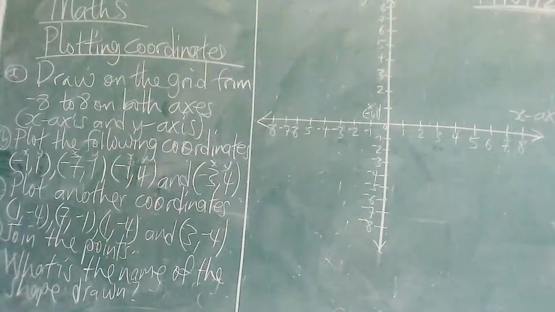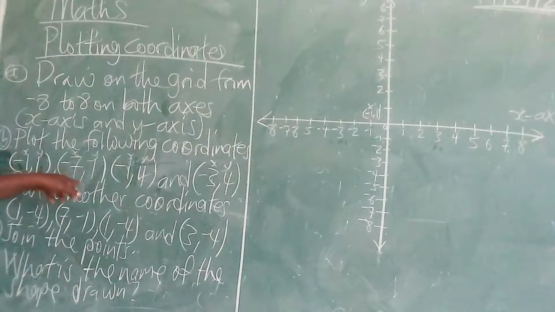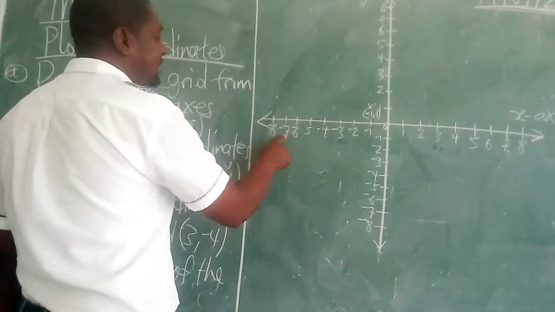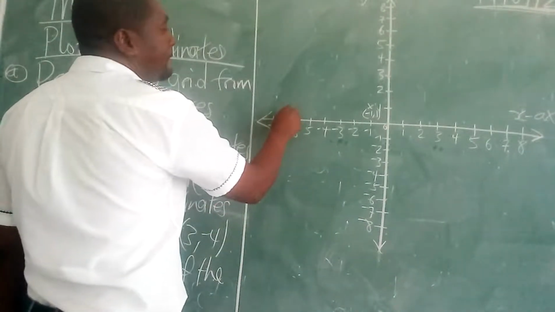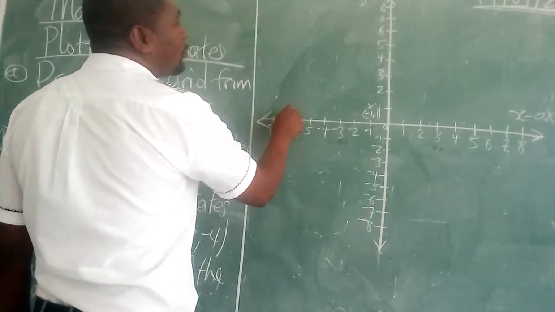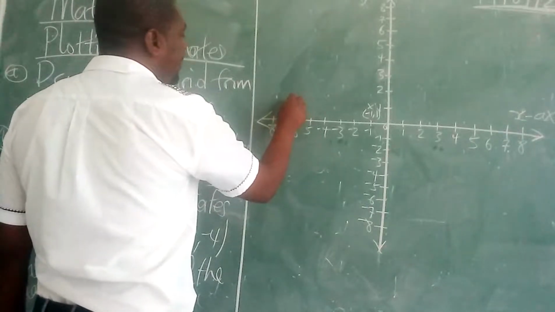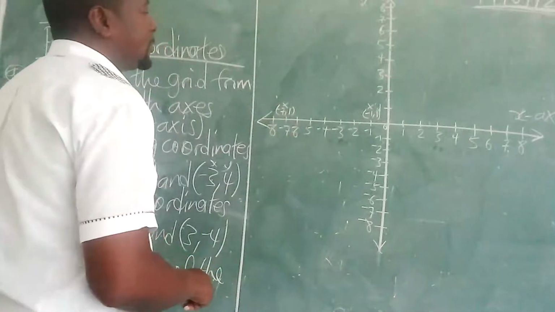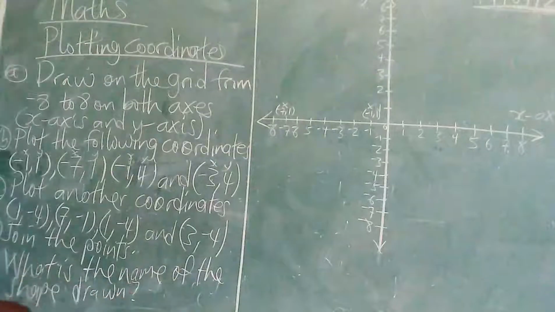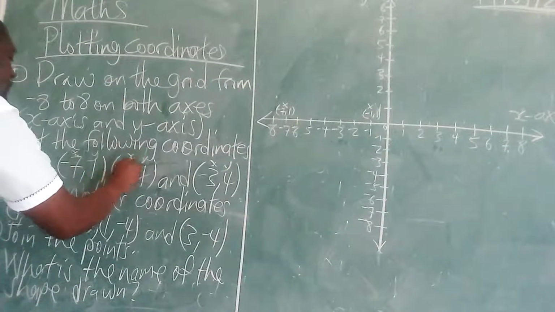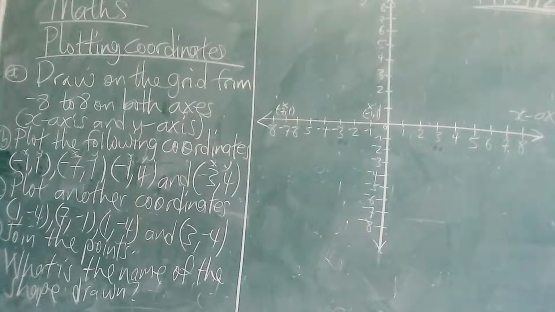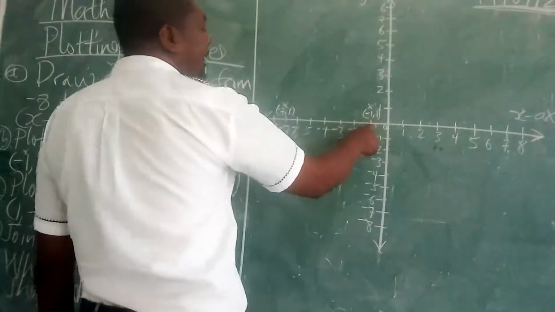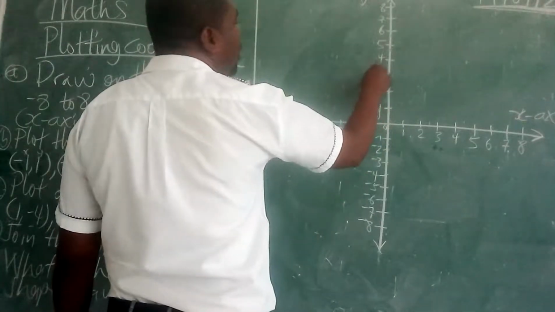Then we go to the second one. The second one we have (-7, +1). So -7 on the x-axis is here, and +1 on the y-axis is here. So they will meet here. So we have (-7, 1). Now the next one is (-1, 4). So we have -1 here on the x-axis, and then +4 on the y-axis.